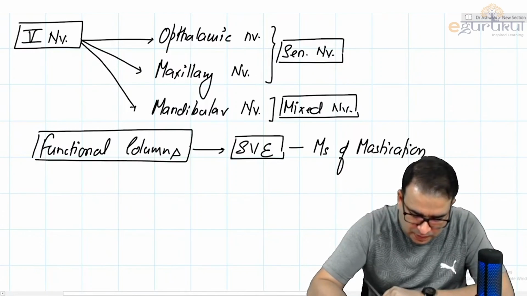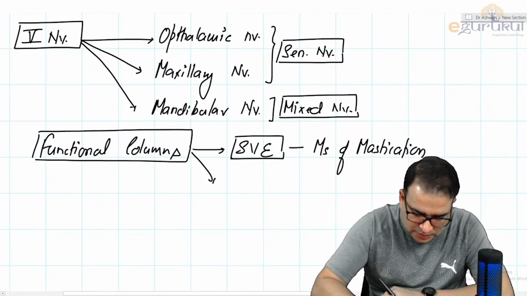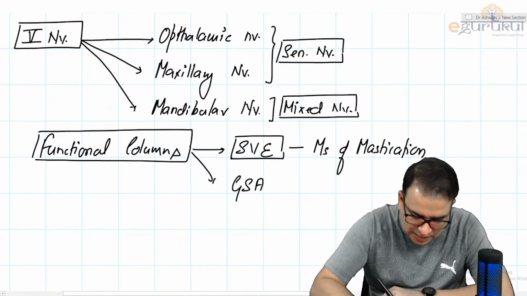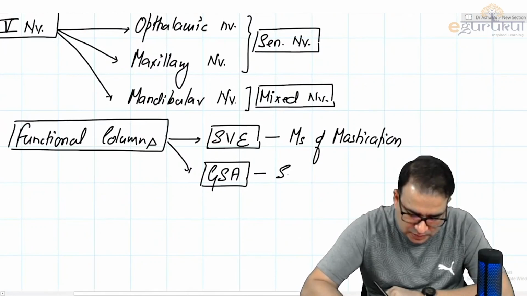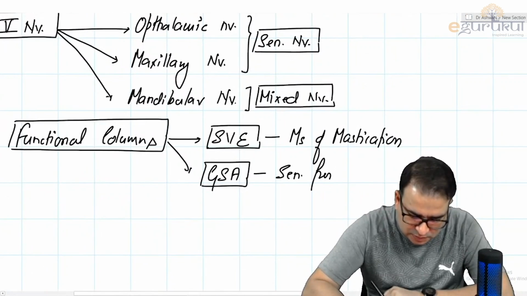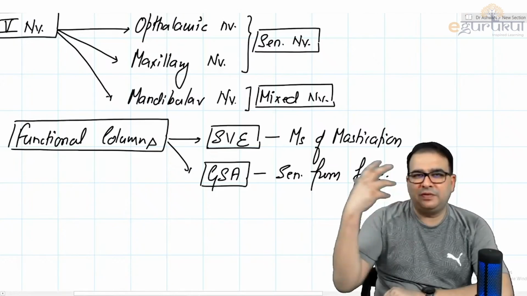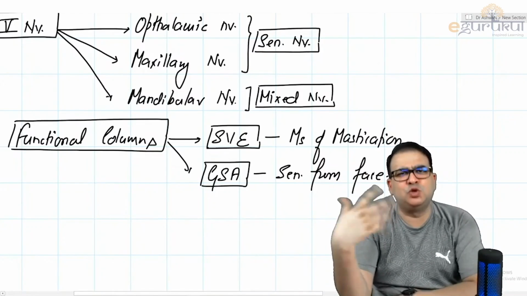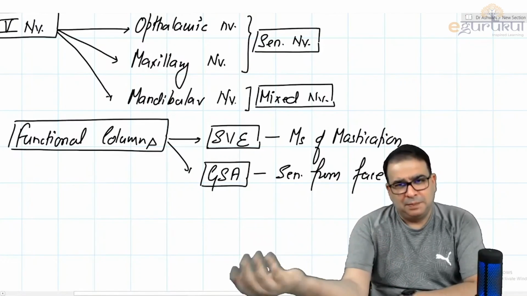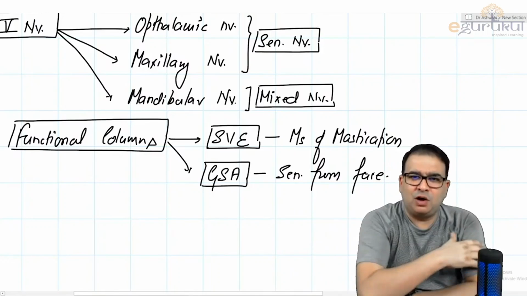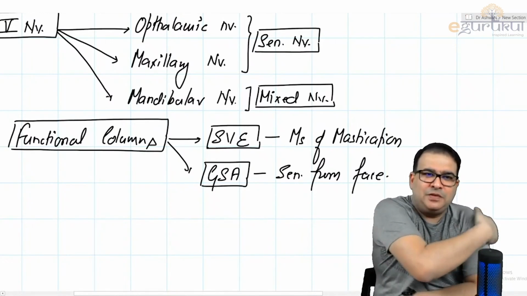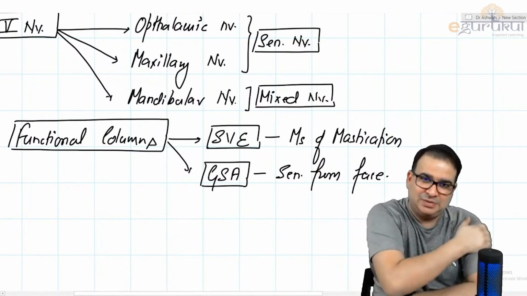And the second column is GSA. Why GSA? Because it is taking sensation from the face. The trigeminal nerve will take the general sensation from the face. It can be anything: proprioception, pain, temperature, touch, pressure, whatever, all will come into GSA. That's why we have these two columns for the trigeminal nerve.